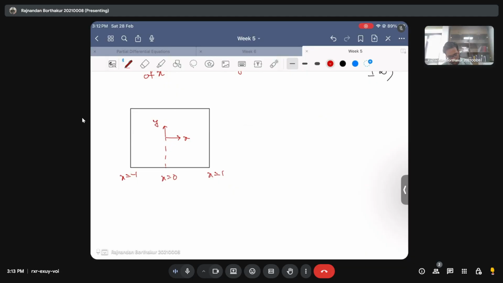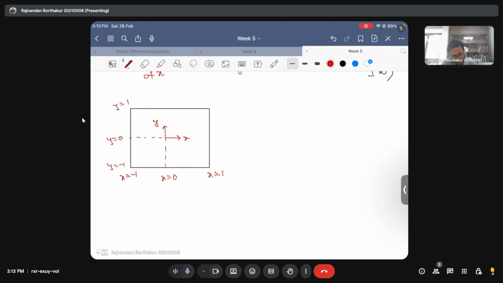And our y also varied from y equal to -1 to y equal to 1, which means that this is y equal to 0. So we had our axes centered at x=0, y=0. That's how we have taken the axes of this problem.